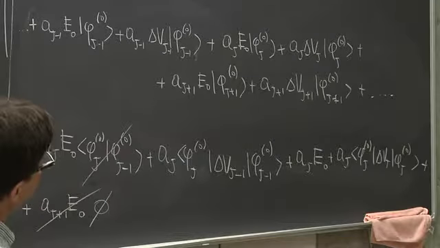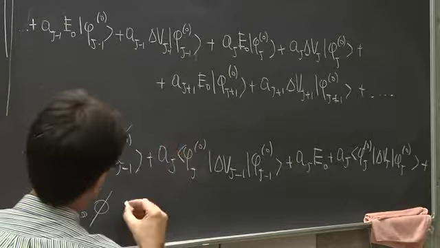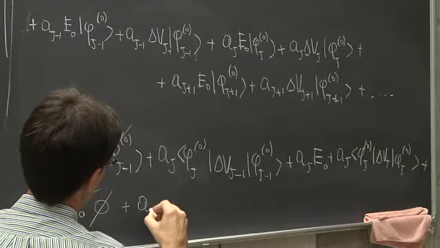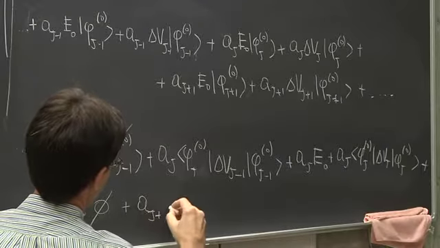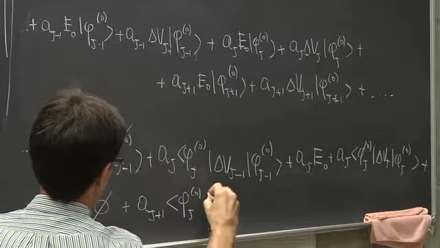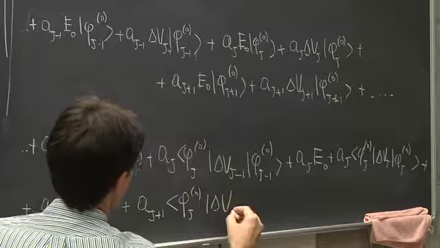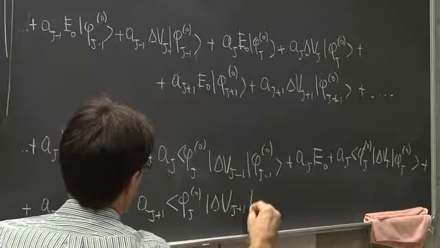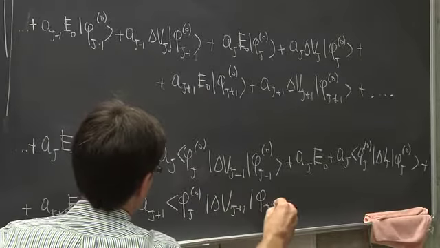So this also disappears. We have the last term, aj plus 1 phi j delta Vj plus 1 phi j plus 1.